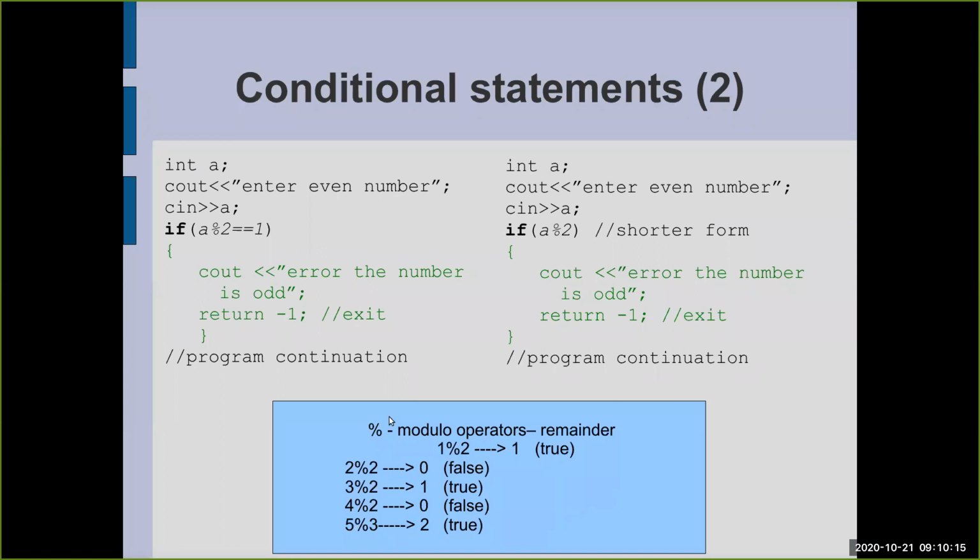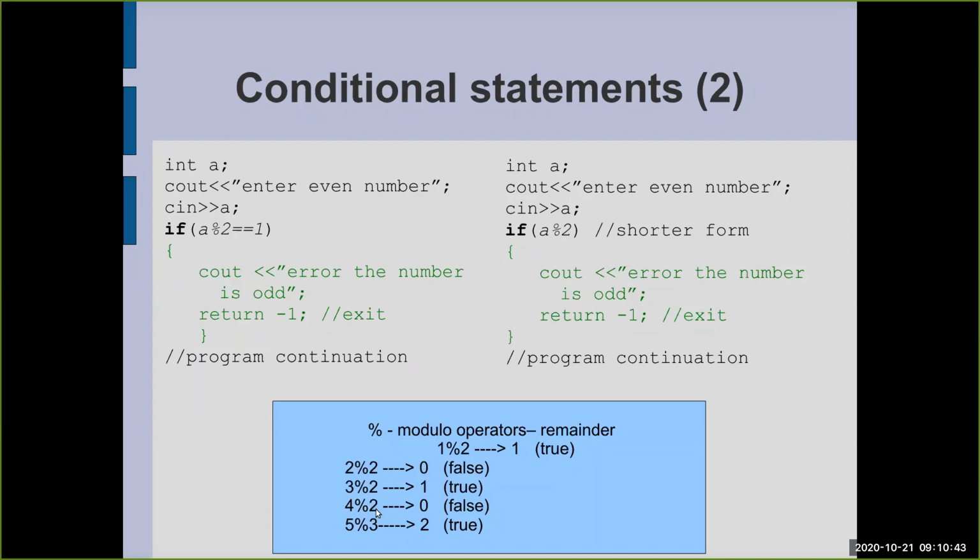It's enough to calculate the value of modulo, so the remainder. The modulo returns a remainder. So 1 modulo 2, the remainder is 1. 2 modulo 2, the remainder is 0 because 2 is dividable by 2.